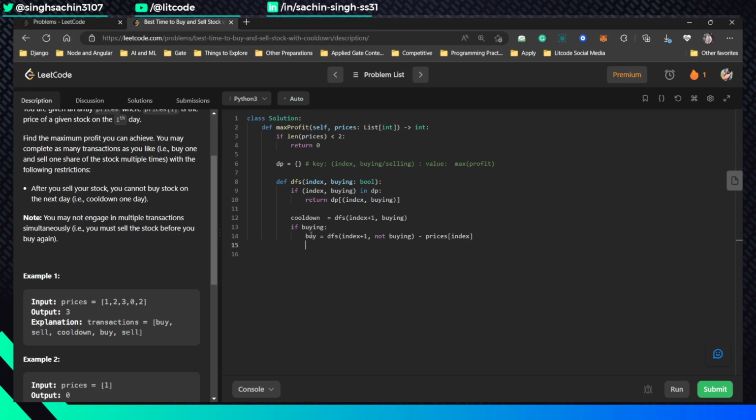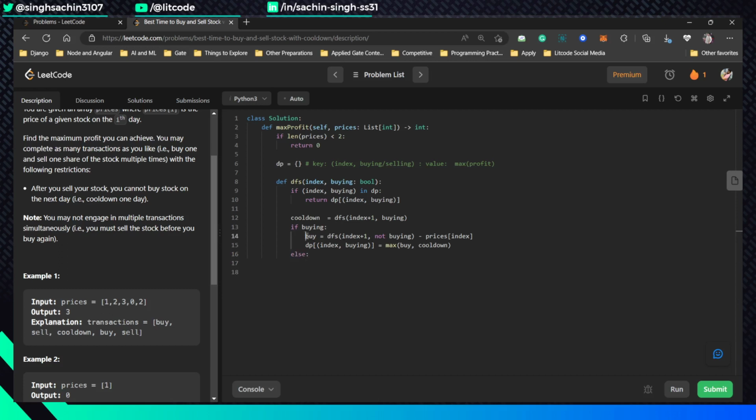One more thing I would like to do is update my hash map with the values which we have prepared. At index i, where we were buying in this block, I want to check the maximum of the buy value and the cooldown.